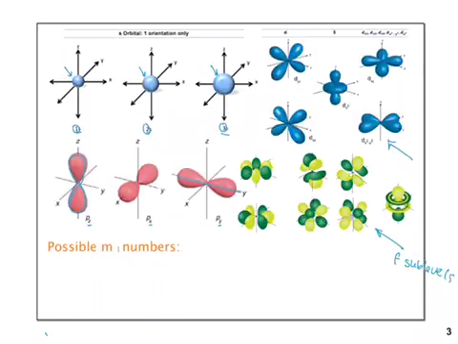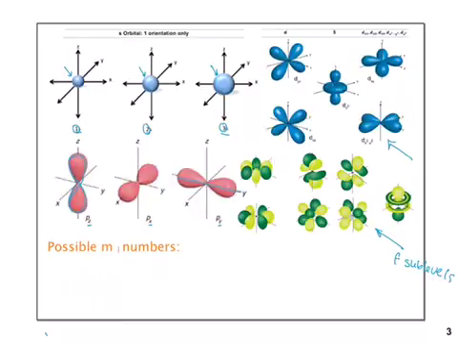So possible magnetic numbers for your M, you can either have what we call a -1, a 0, or a +1. Oh, sorry, that's not. That's your P's, not your S's. We'll start here.